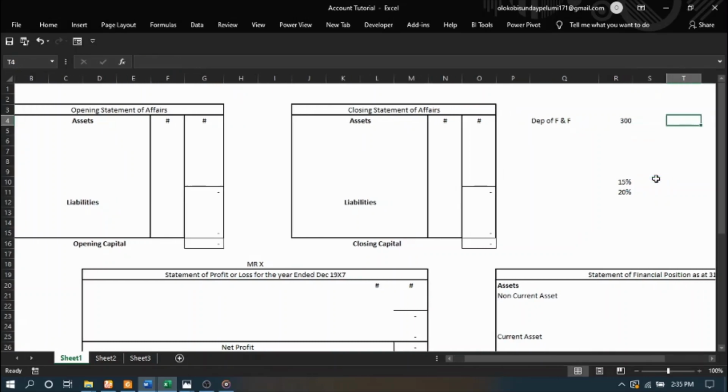So the NBV, the net book value of furniture and fittings, will be 2,000 minus 300, so we have 1,700.